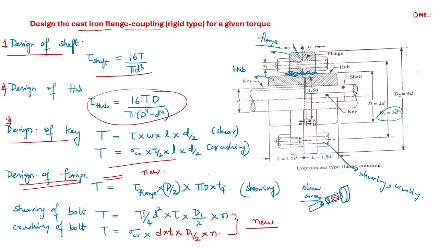So if you start with muff coupling, you find steps 1, 2 and 3 repeated. Step 4, step 5 and step 6 are newly added. So you can expect a long answer type question from the flange coupling in the final exams as well.